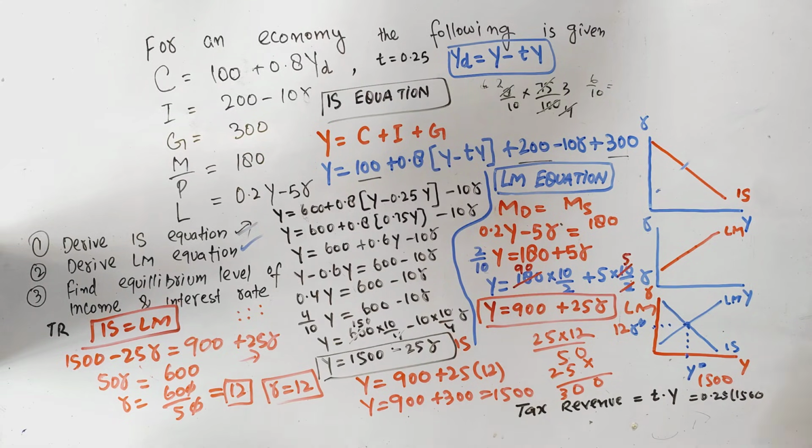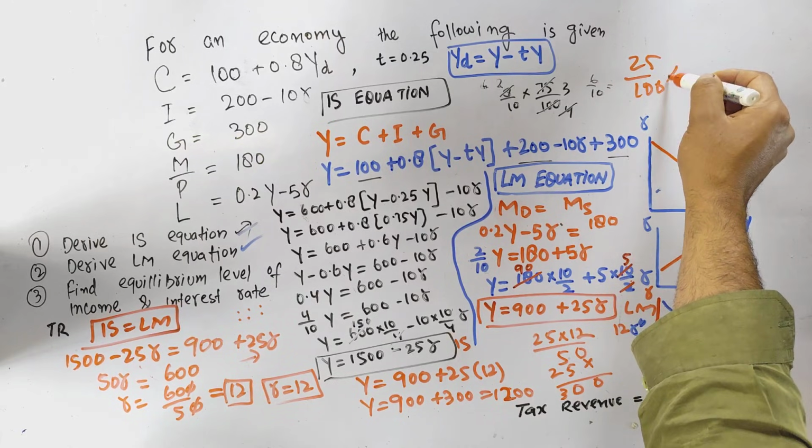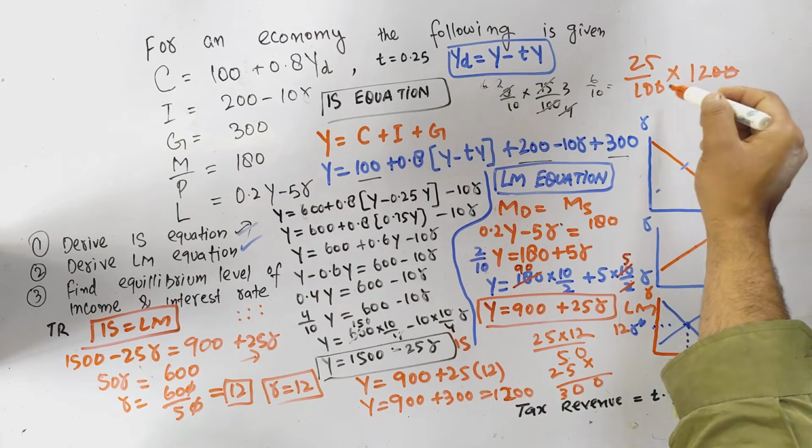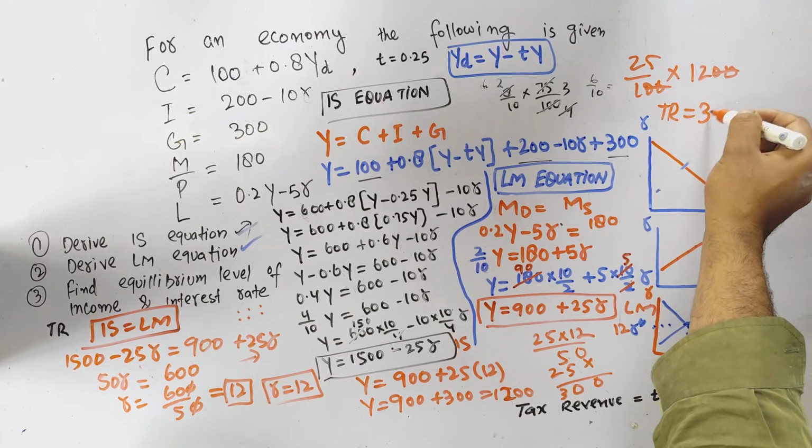My mistake here, it is 1200. So we have marginal tax rate times the equilibrium level of income: 25 divided by 100 into 1200. So 25 into 12, and tax revenue will be equal to 300.